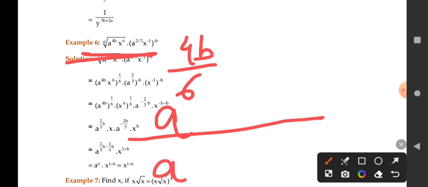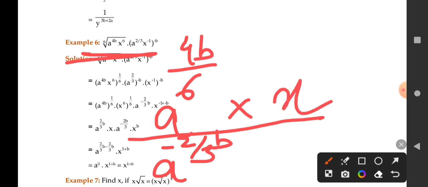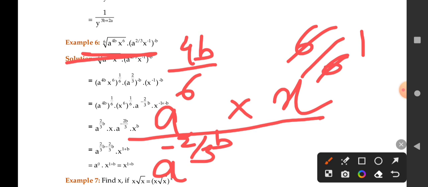So a power minus 2 divided by 3b, and multiply x 6 by 6, so this is 1, and x here is minus b into x, minus 1 into minus b is plus b. Okay, so let's take this in the numerator.